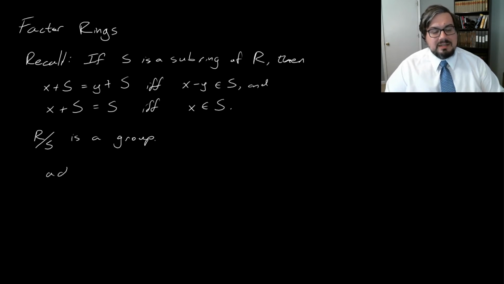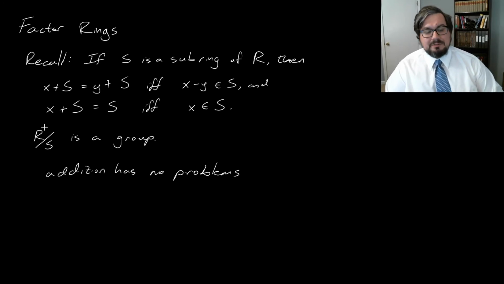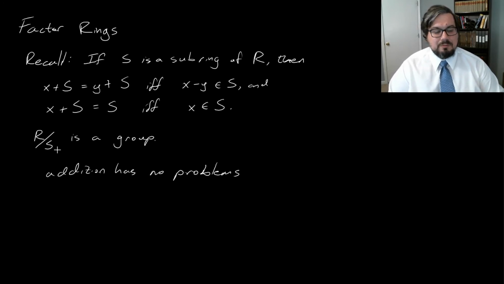So addition has no problems in this set. We still have that this is an additive group, but when we want to define the multiplication, we run into an issue.